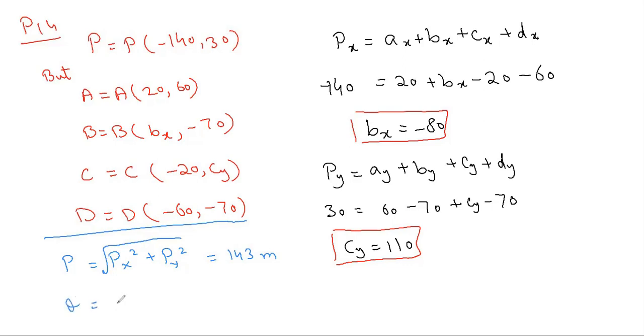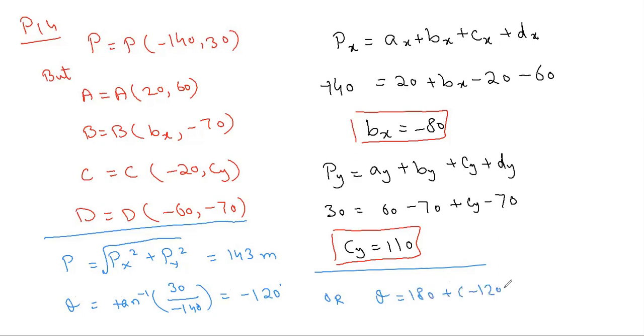Theta is equal to tangent inverse of 30 over minus 140, and you will get an answer of minus 120 degrees, or theta is equal to 180 degrees plus minus 120, which is equal to 60 degrees. Let me box this.